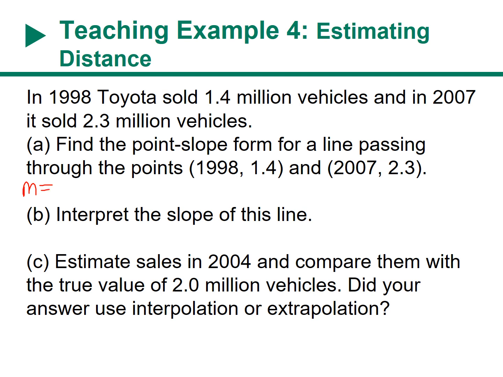So we have 2.3 minus 1.4 from 2007 to 1998. 2.3 minus 1.4 is going to be 0.9. And then 2007 minus 1998 is 9, right? And 0.9 divided by 9.